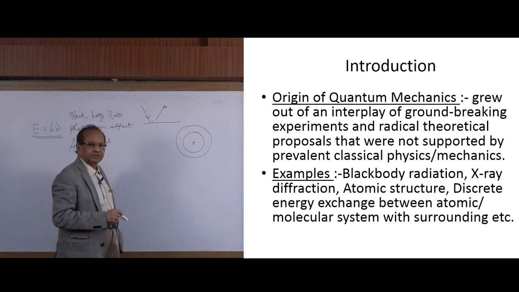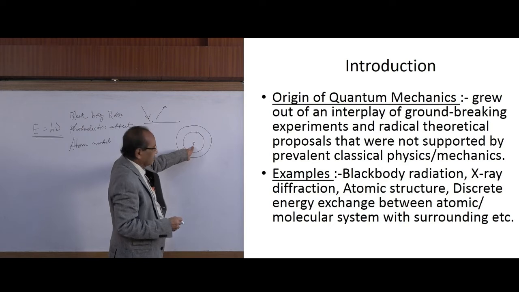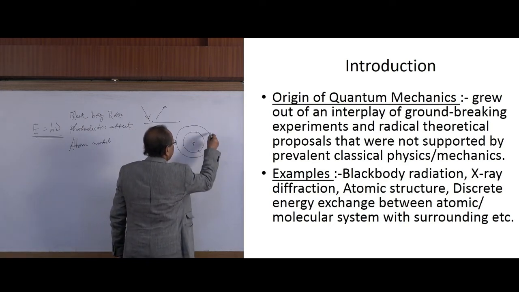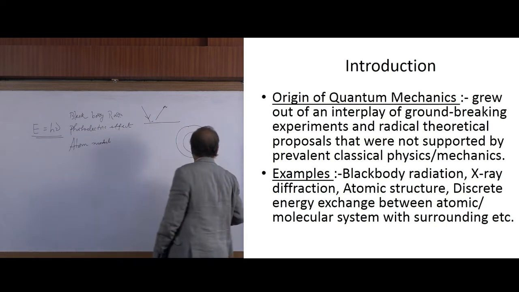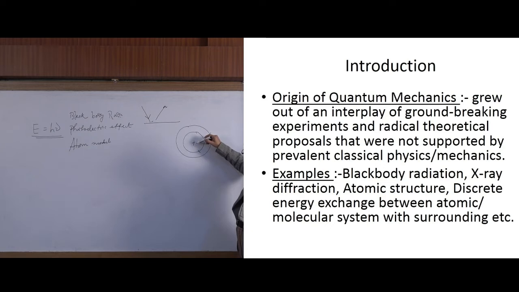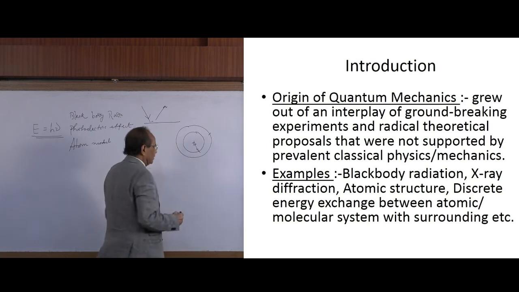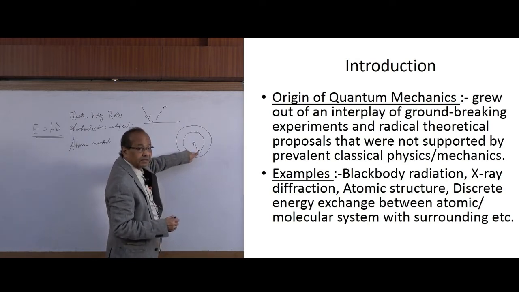It was assumed like this, that in an atom the nucleus is at the center, the positive charge nucleus, and the electrons are rotating around this proton. Now look here, there is a distance of separation. This is the minimum distance of separation between the proton and the electron. The proton is positively charged while the electron is negatively charged.